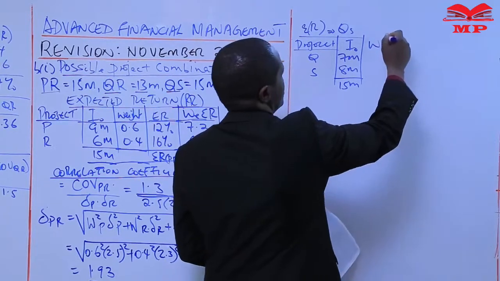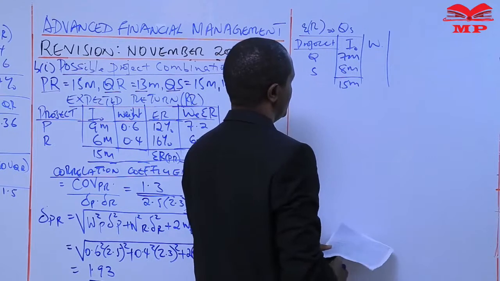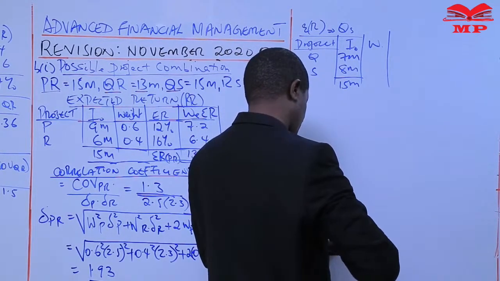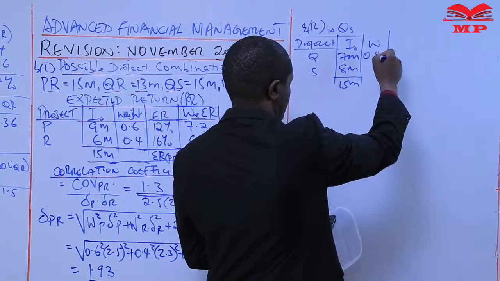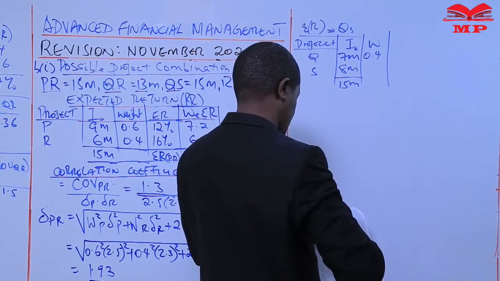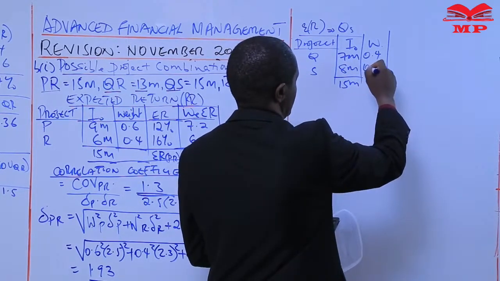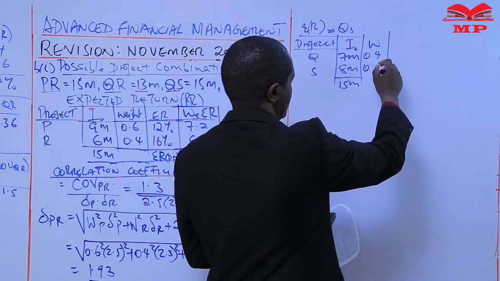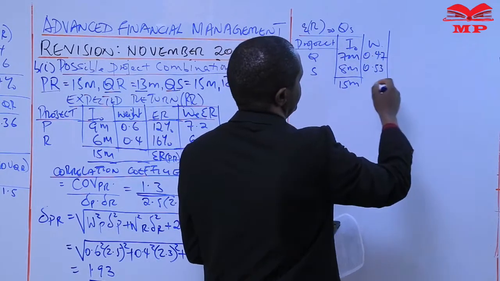The weights will be 7 divided by 15, 0.47, and 8 divided by 15, 0.53.